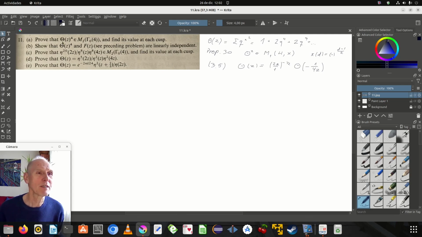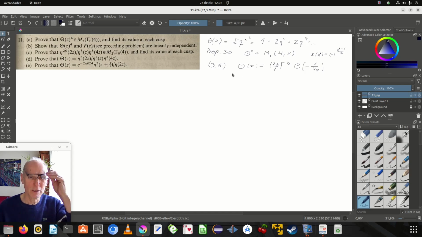Actually, when I read this problem, I thought, well, isn't that obvious? Because we have proposition 30 that it lies in M1 of 4, with character chi giving plus minus 1.